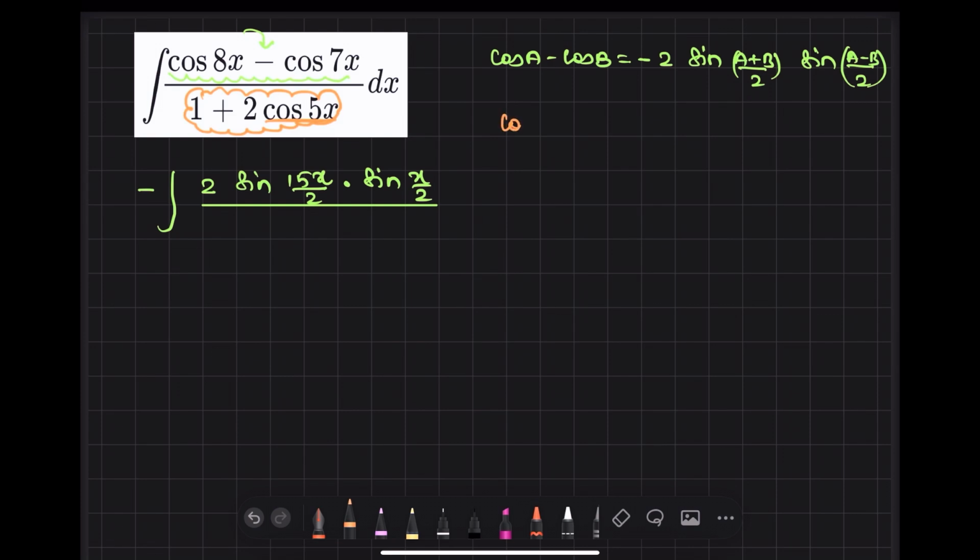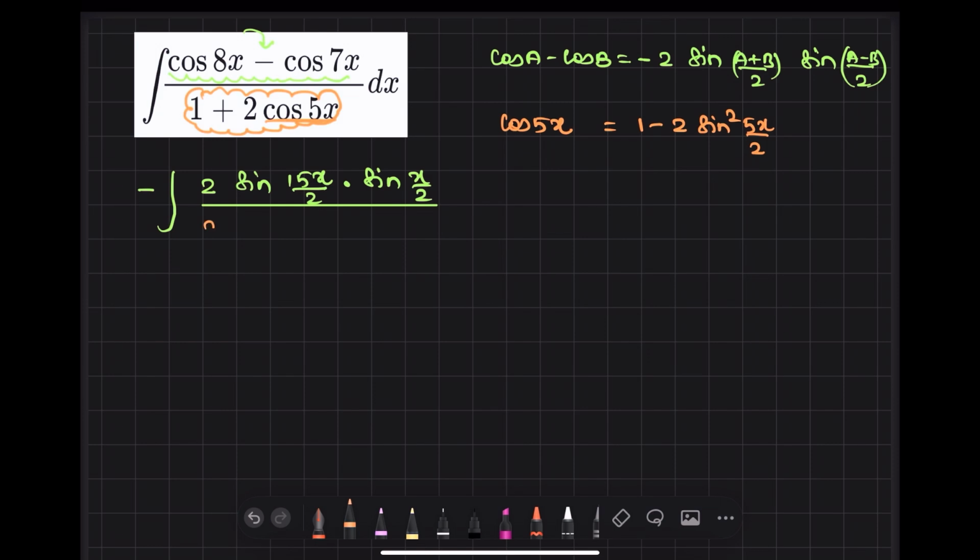So we have cos 5x. So can I apply this thing, that I will be writing 1 minus 2 sine square. You can go with anything. Right now I am going with sine because my numerator is also in sine. So 2 sine square x by 2, so it is 5x by 2, correct, which is multiplied by 2.